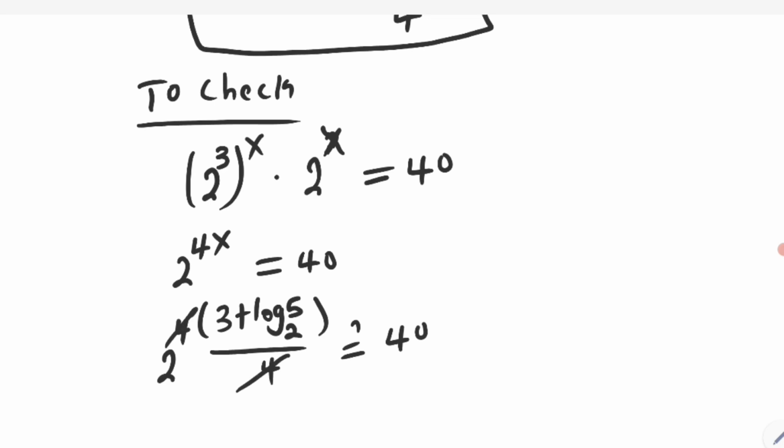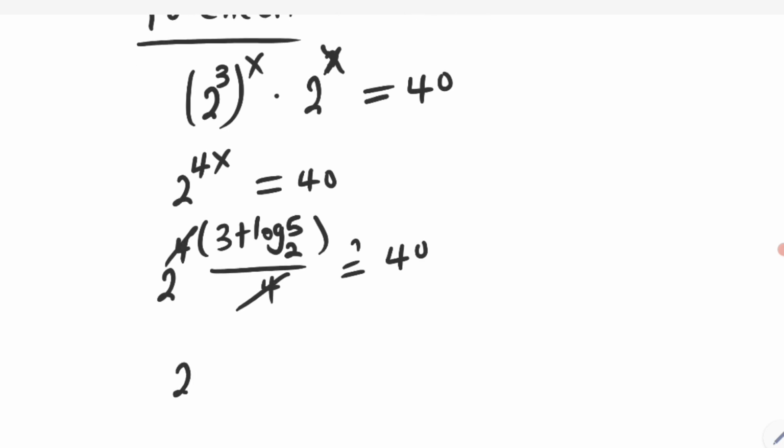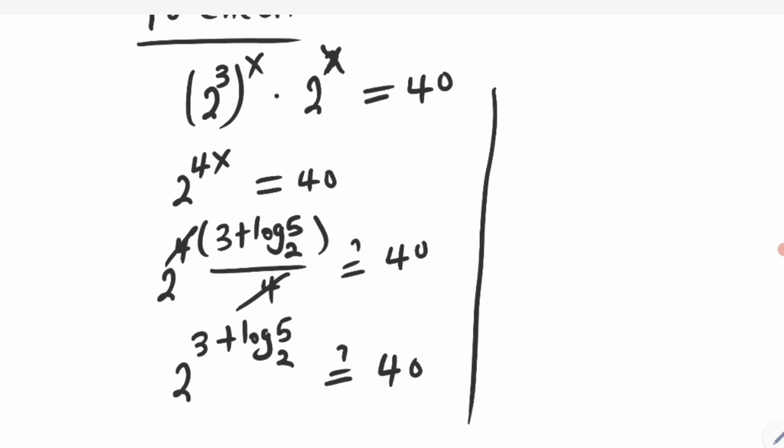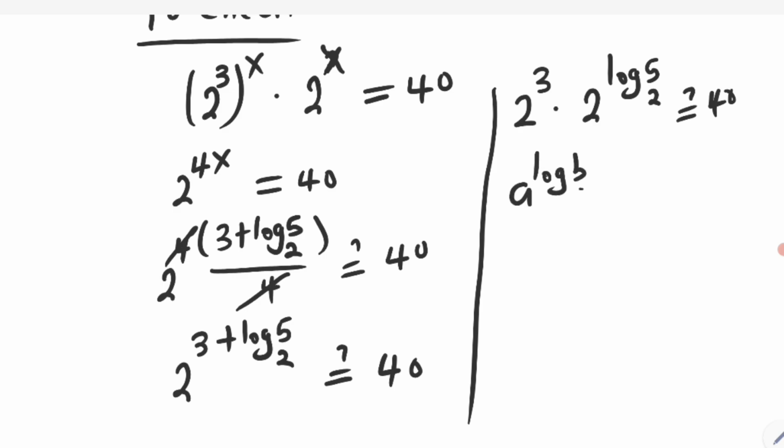This cancels this, and we have 2 raised to power 3 plus log 5 base 2 must be equal to 40. Then here, this is 2 raised to power 3 multiplied by 2 raised to power log 5 base 2 must be equal to 40. Take note of this, that if you have a raised to power log b base a, this is equal to b.